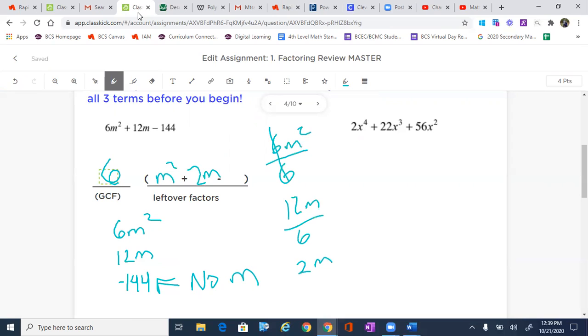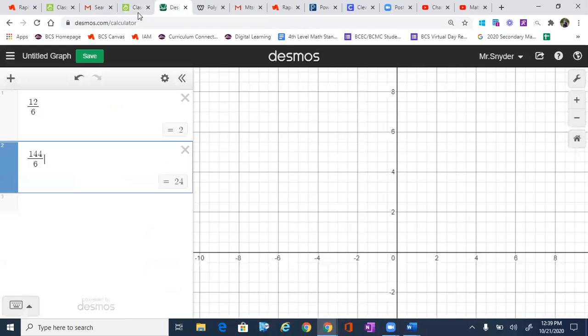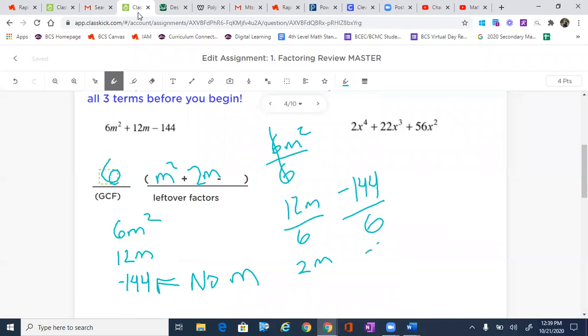And then I take negative 144 and divide it by 6. And if we go back to Desmos, 144 divided by 6 is 24. It's a negative, so it'd be negative 24, but the subtraction is already written there. And that is how we take greatest common factors out of a polynomial.